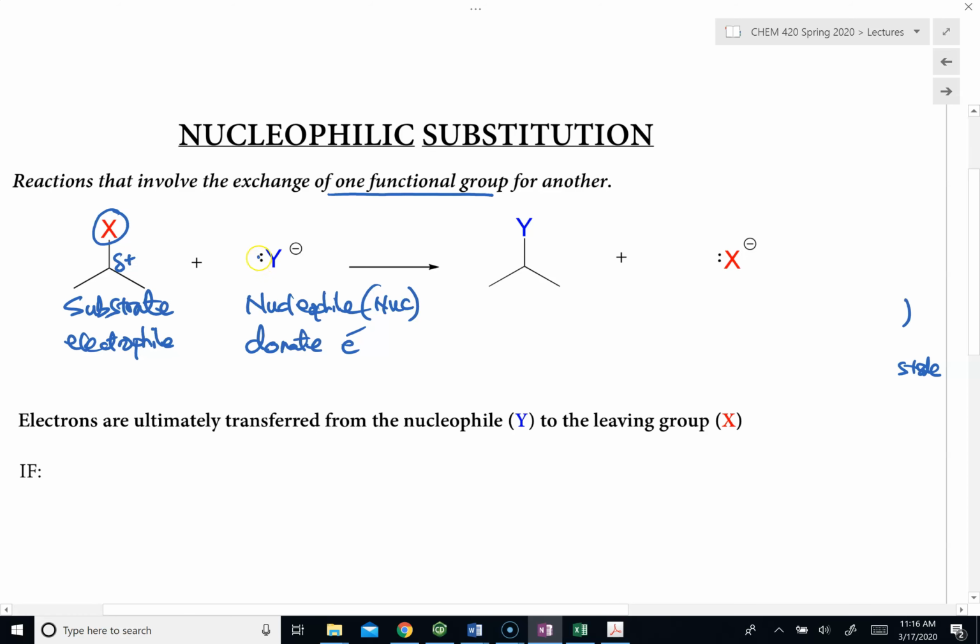So the lone pair of electrons from the nucleophile comes in to attack this carbon, kicking off this X, and X is taken off with the electrons. Therefore, we call this the leaving group. A leaving group is abbreviated as LG.